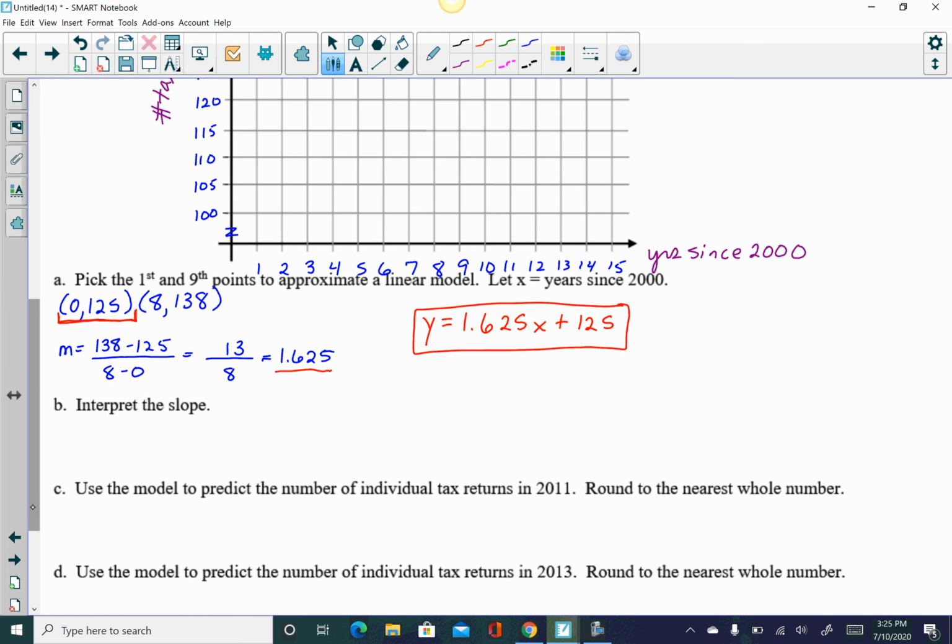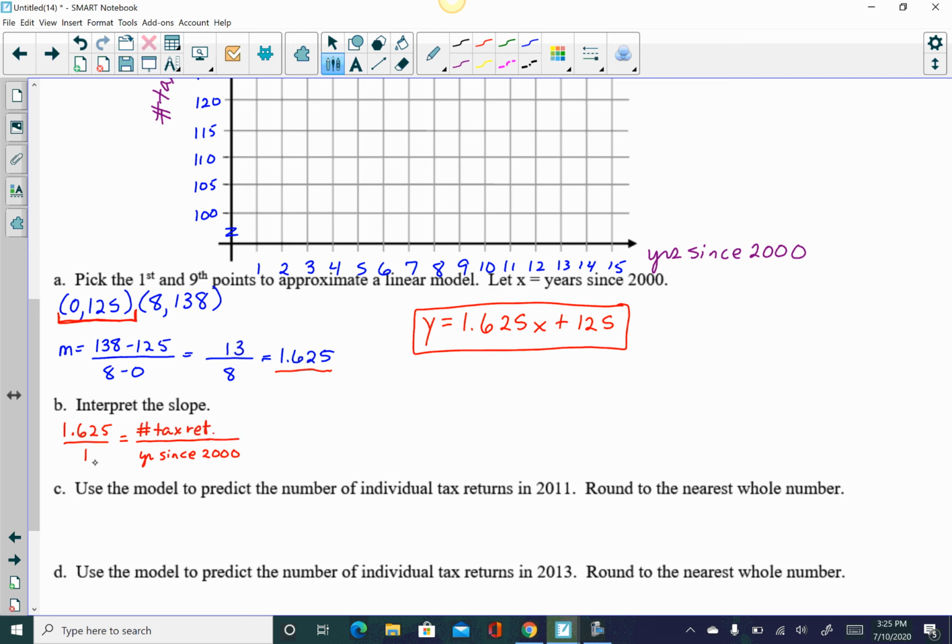Part B wants us to interpret the slope. We can interpret it one of 2 ways, and I'll show both. If you keep it in the decimal format, then you have 1.625 over 1. Remember, slope is the change in y, so on the y-axis we're measuring the number of tax returns, and on the x-axis we're measuring the number of years since 2000.